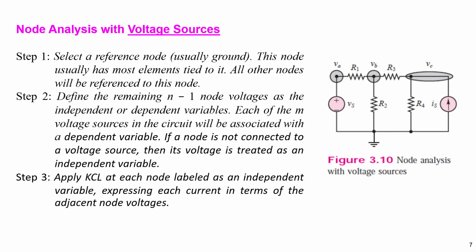We have one reference node, and the remaining nodes are 3. VA we know, because this is the voltage of the source. VA equal to VS in this case. And this is VB and VC. So in this case, we solve for VB and VC only, so we need 2 equations.